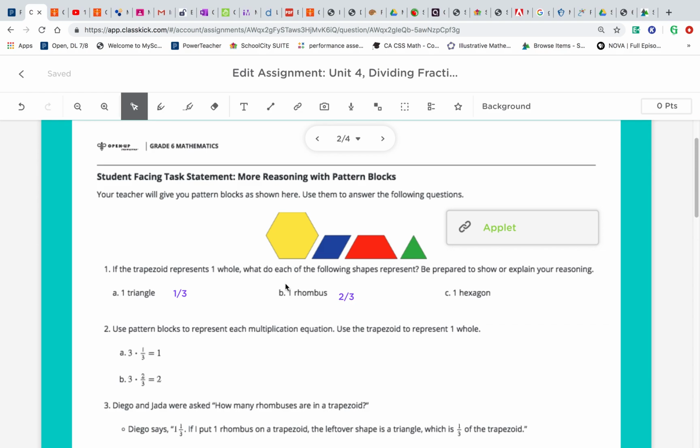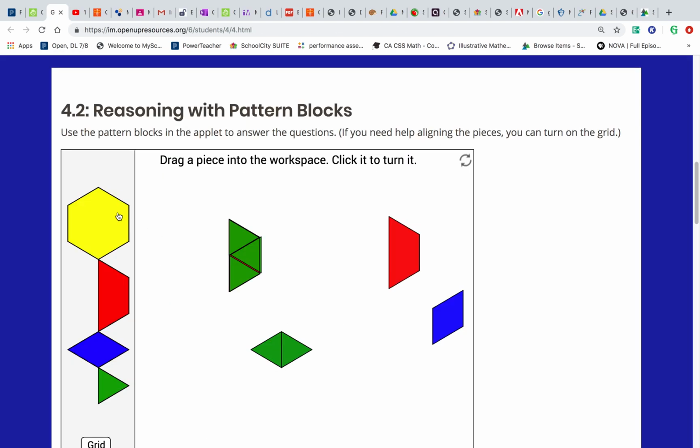And then for the hexagon, so we're talking about one hexagon compared to the trapezoid. So if we grab a hexagon, we know that's, in this case, now going to be more than one whole, right? Because if the trapezoid is here, if we try to move this over, you can see that the trapezoid only takes up half of the hexagon.